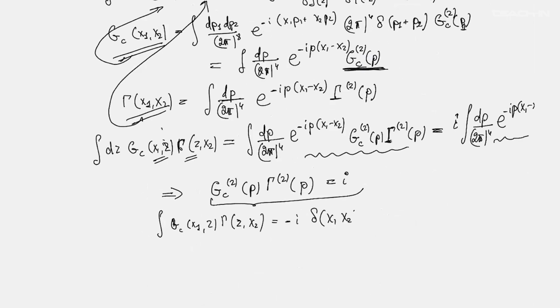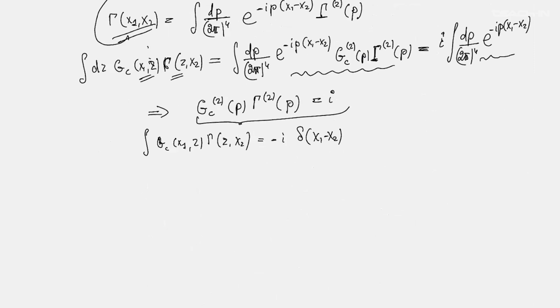And if I substitute here the expressions of G and gamma via the variational derivatives of the corresponding functionals, then I get the following formula: integral over z, second variational derivative of W, functional of j, delta j on z, times second variational derivative of gamma, functional of phi, over delta phi on z, delta phi on z prime.